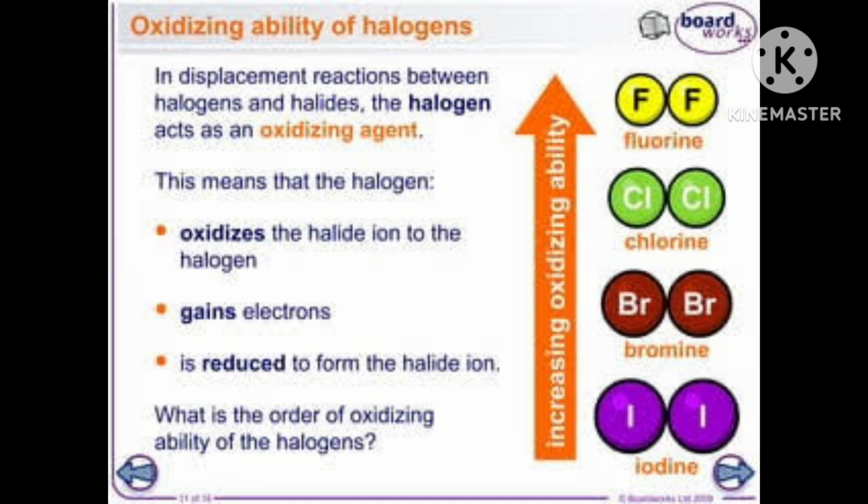Two types of acid: hydrohalic acid and hypohalous acid.